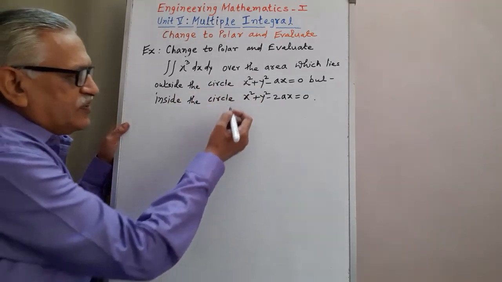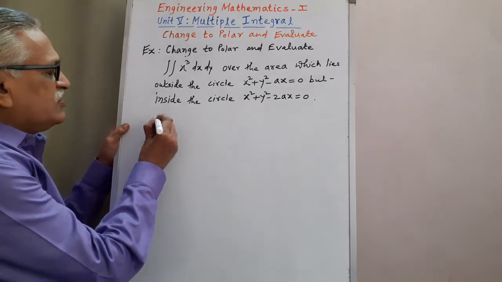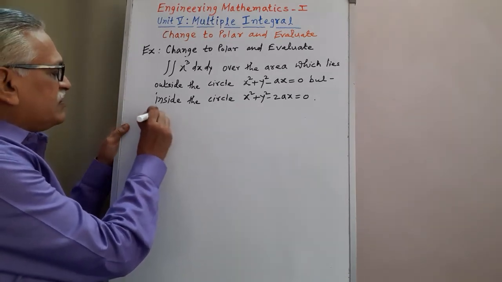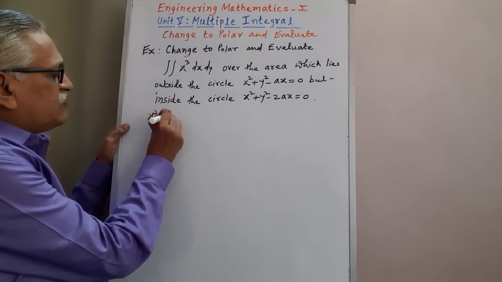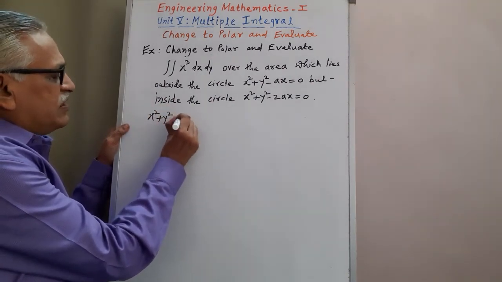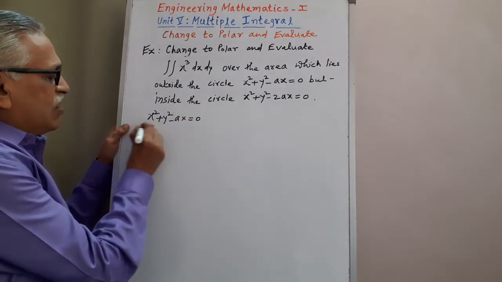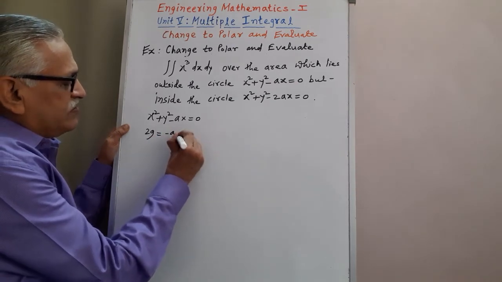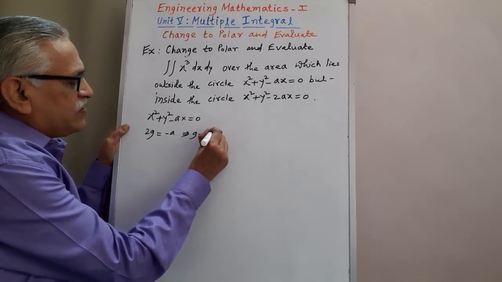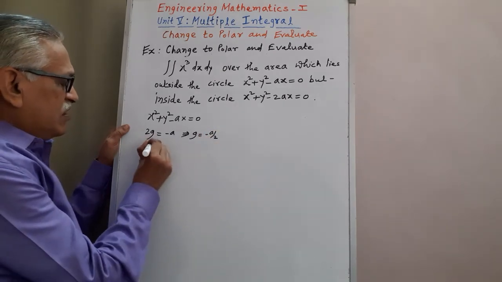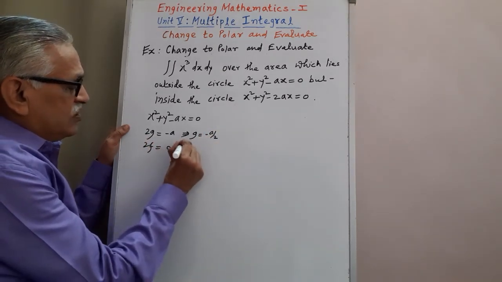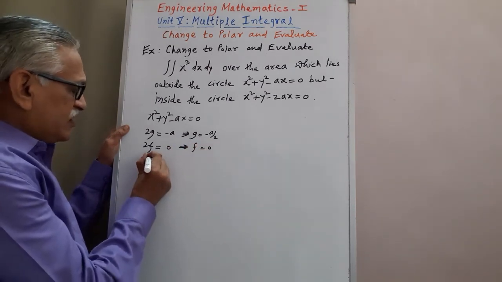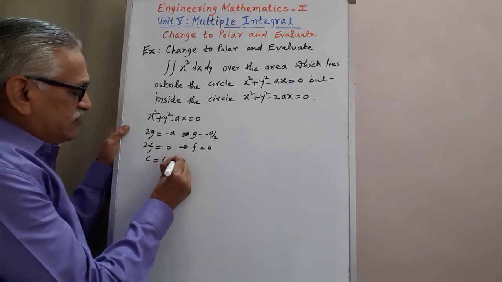We try to compare it with the general equation of the circle to get the center and radius. Therefore the first one is x square plus y square minus ax equals to 0. Comparing, we get 2g is equals to minus a. It implies g is equals to minus a by 2. 2f equals 0, it implies f equals 0, and therefore the center is minus g, minus f.